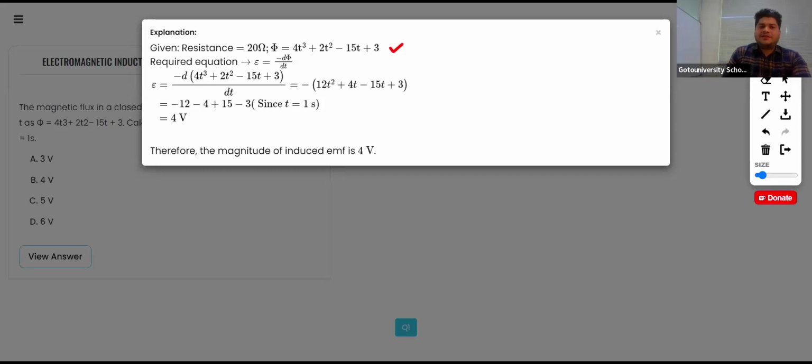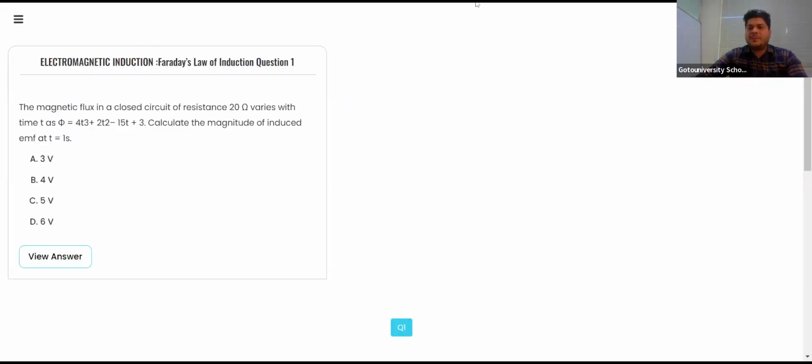We have resistance and flux, and we have to find E. It will be the rate of change of flux with respect to time. You just have to differentiate, and then substitute the value of t to get the final answer. If the explanation part is not visible, I will solve it for you.